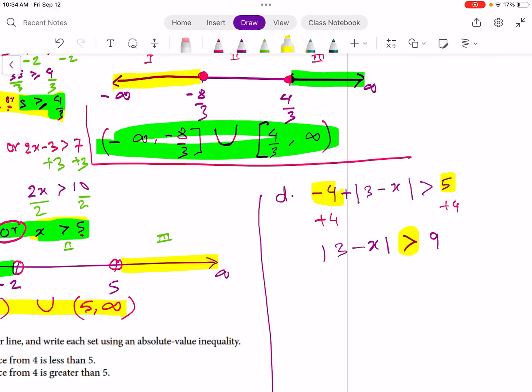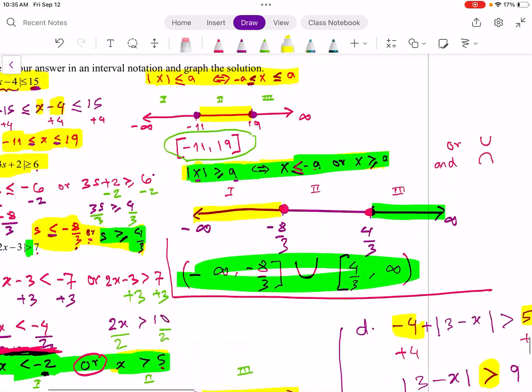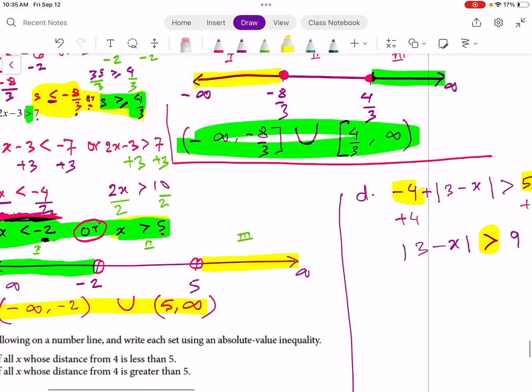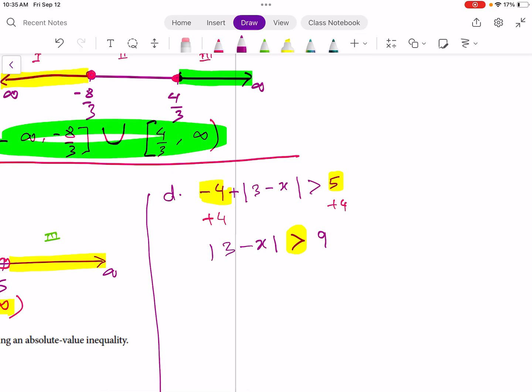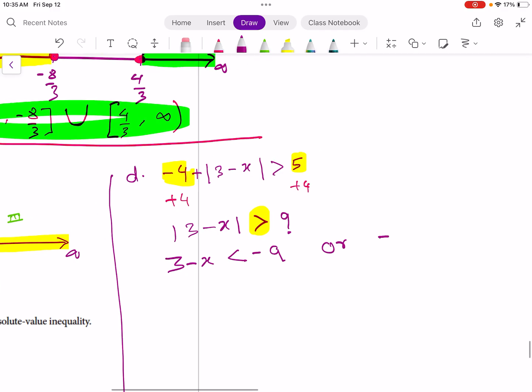We have greater than, so we will use this definition, very similar to the one that we just did in part C. Using that definition, you write down whatever you have in the absolute value sign. We have 3 minus x less than the negative of this number, -9, or write down the same expression, 3 minus x greater than the positive of that number, +9. So we use the second definition.